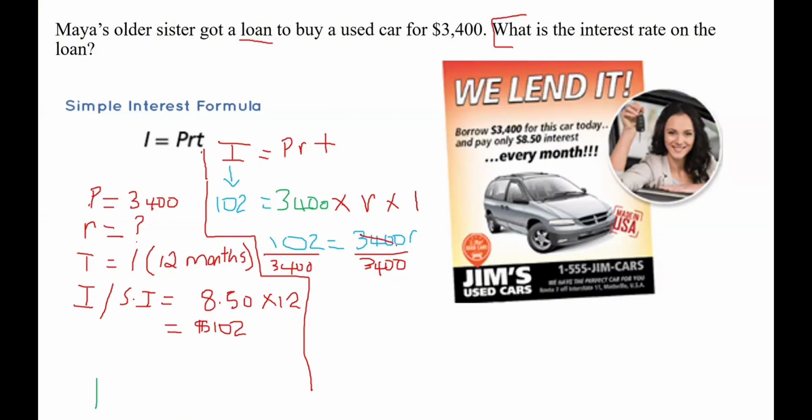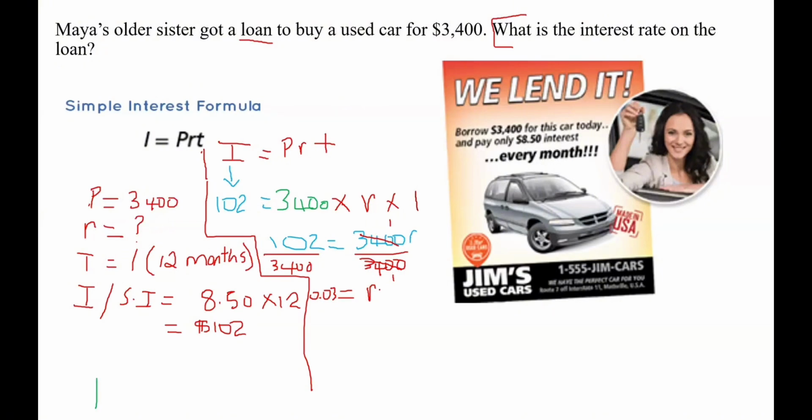So the 3,400 in the numerator cancels the same number in the denominator. 3,400 into 3,400 goes 1 times. 1 times R is 1R, or you could say R. And 102 divided by 3,400 is equal to 0.03. So R is equal to 0.03.